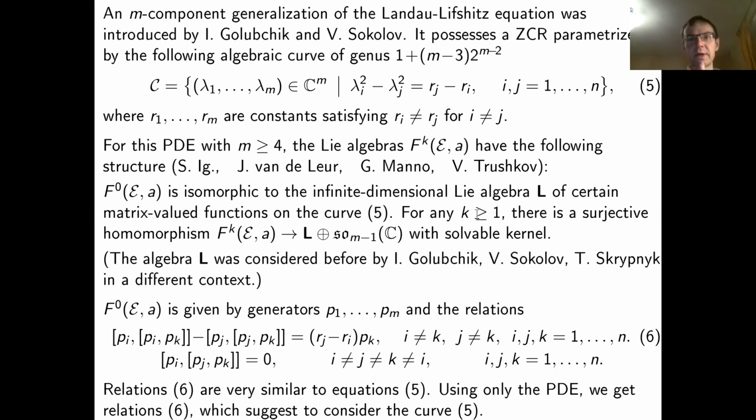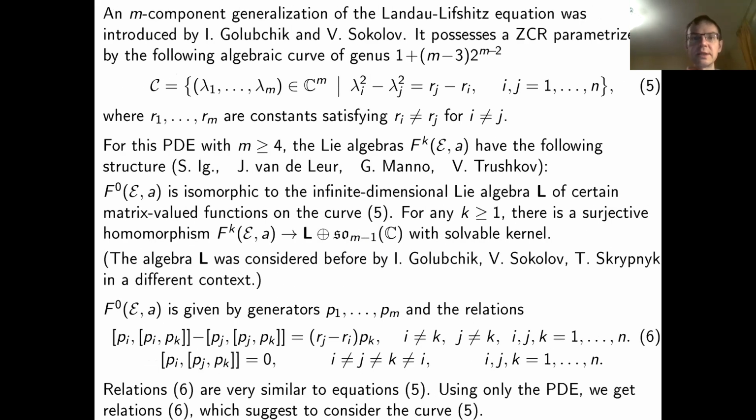But for k greater than 1, we get this surjective homomorphism to this direct sum, where the L term is not surprising, and this term is, in my opinion, quite surprising. So the bold L comes from the known zero curvature representation, and this term is new to my knowledge.